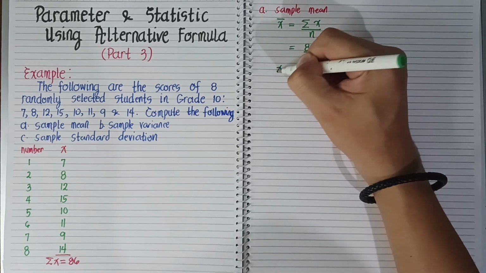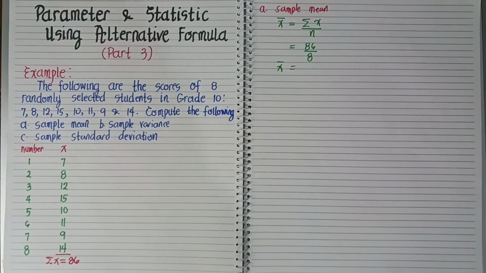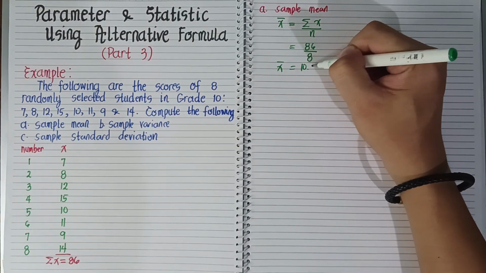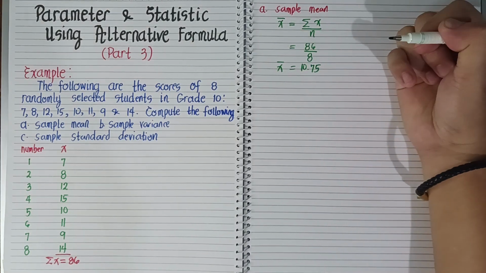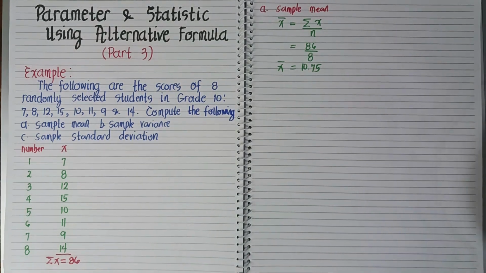And then, our X bar or the sample mean, we will use a calculator. That is equal to, very good, 10.75. Get it? It's that simple, guys.